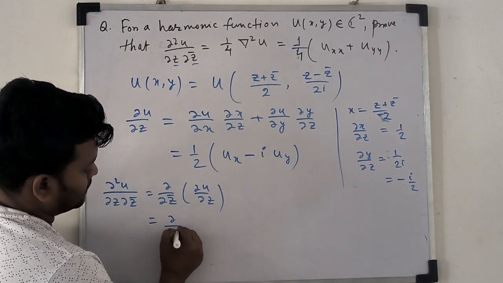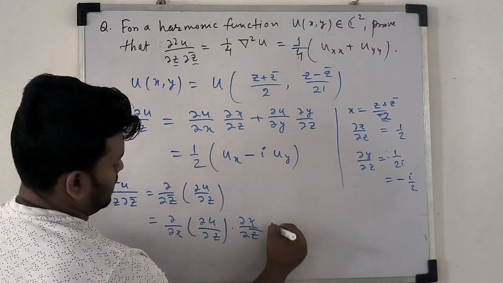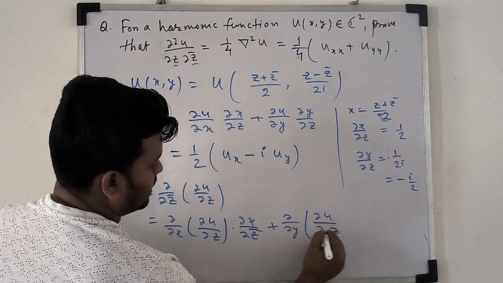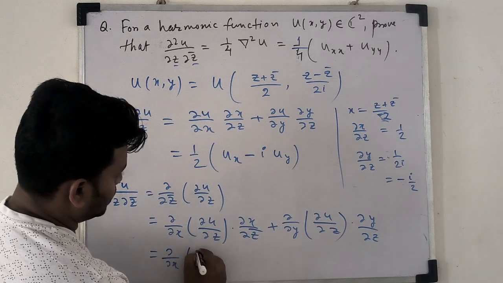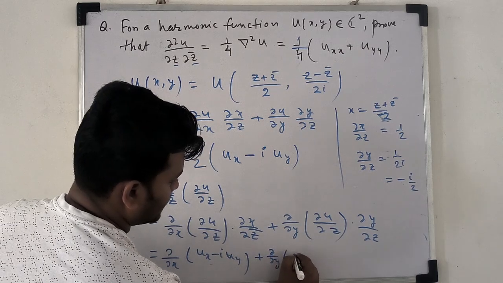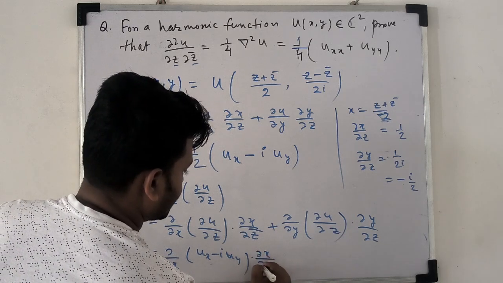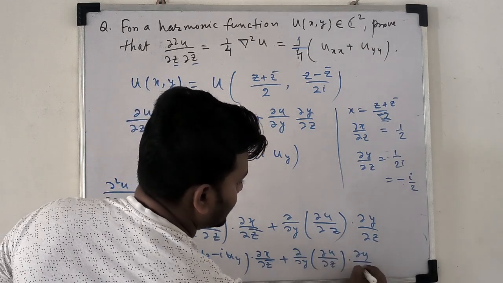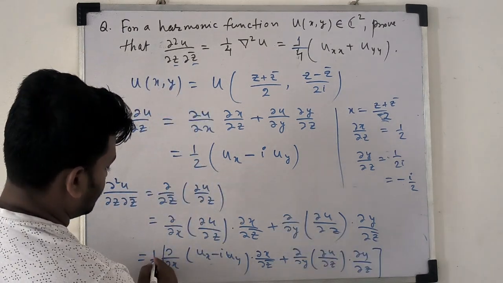This will be ∂/∂x of this function multiplied by ∂x/∂z̄, plus ∂/∂y of ∂u/∂z into ∂y/∂z̄. Here we have half, so this will be half into this.